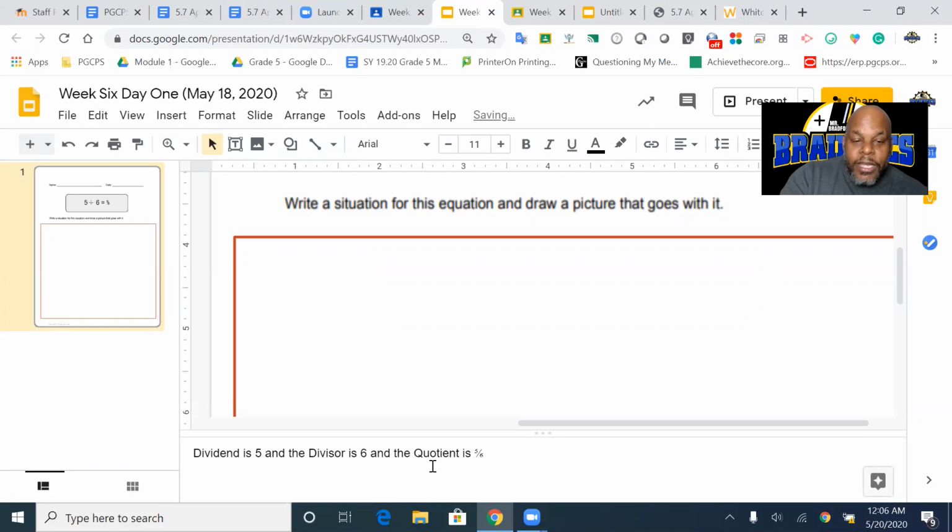So remember, what does that mean? That means that what we have in total is the dividend.